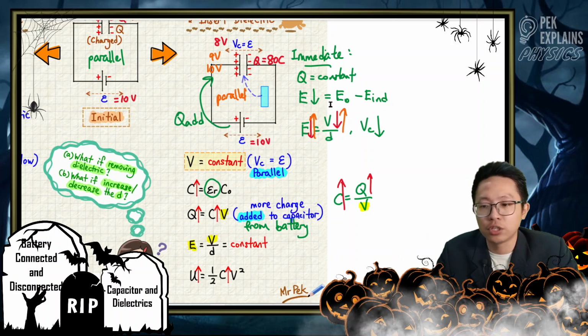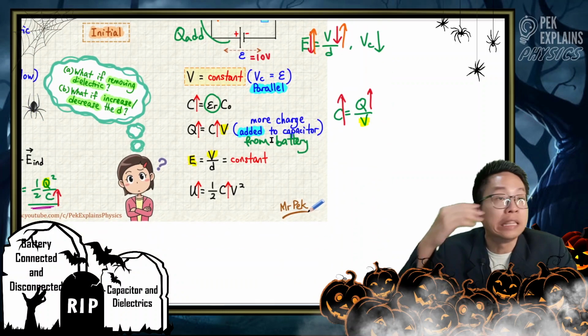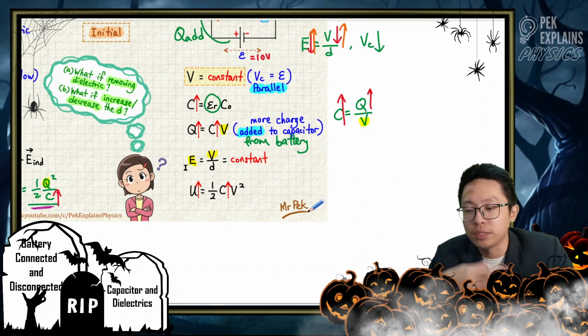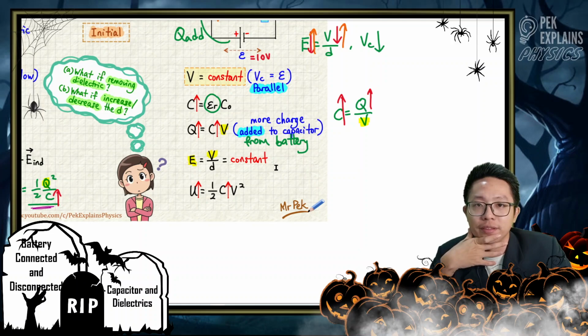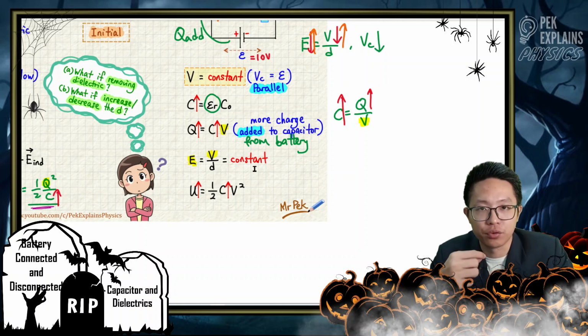Since the voltage dropped, but the voltage will go back up in order to be equal back to the EMF. The electric field just now dropped suddenly. It will also climb back up to be equal to the original electric field. So in the long run, we just say that the electric field is constant. Constant here means equal back to the original electric field.